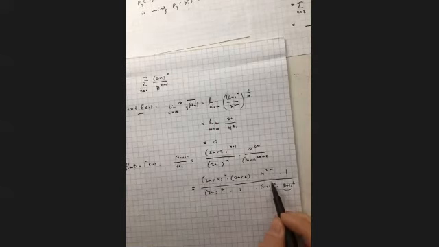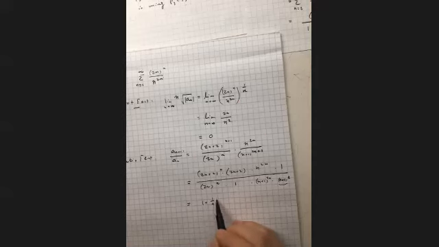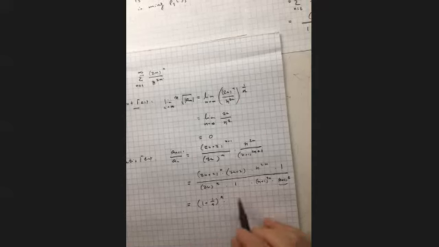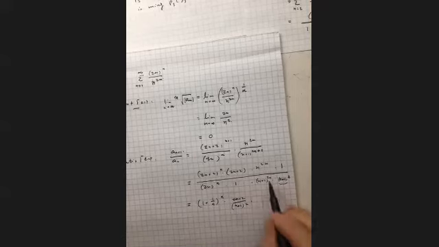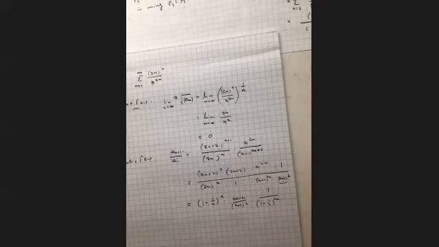And then you realize you can do the following simplification: you have 1 plus 1 over n to the nth power times (2n+2) over (n+1) squared times 1 plus 1 over n to the 2n.